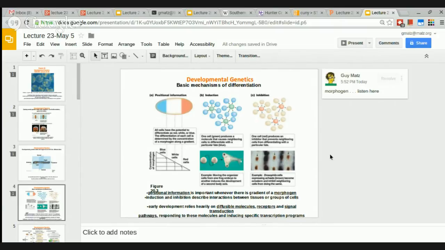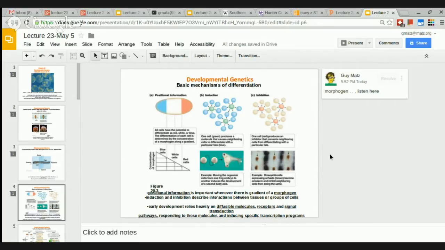And so for that reason, you see that development relies heavily on diffusible molecules, and cells responding to morphogens, responding to inducing or inhibiting factors. The neighboring cells here require a receptor to that molecule, and they need to respond to it, and that is done through specific signal transduction pathways to induce the proper and timely transcription programs.